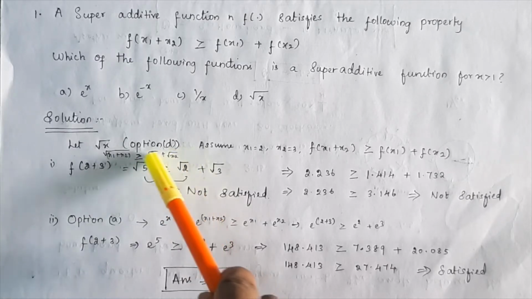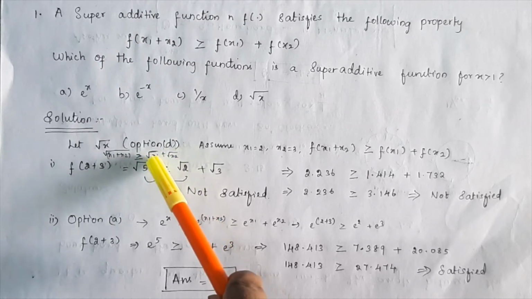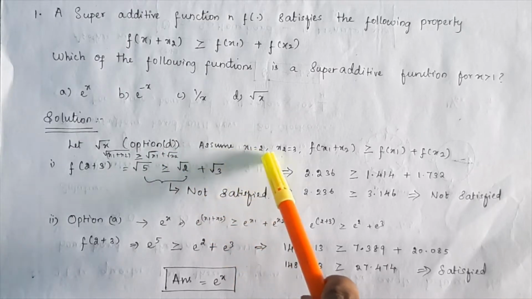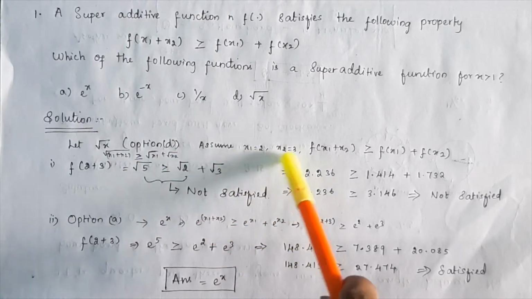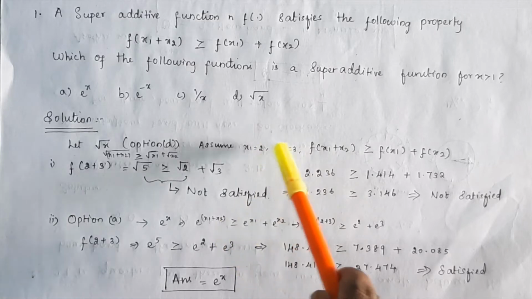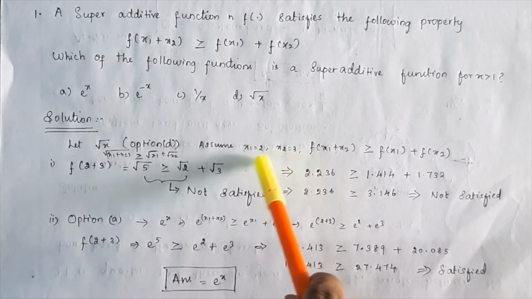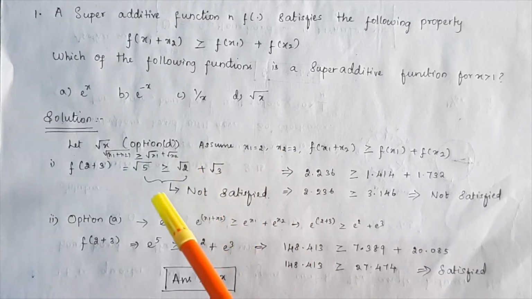We have two values of x, one is x1 and another is x2. I'm going to assume x1 as 2 and x2 as 3. Next we substitute these values in this equation.